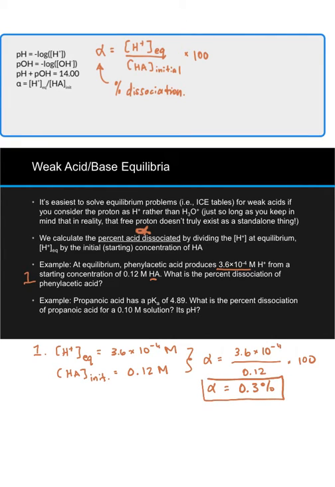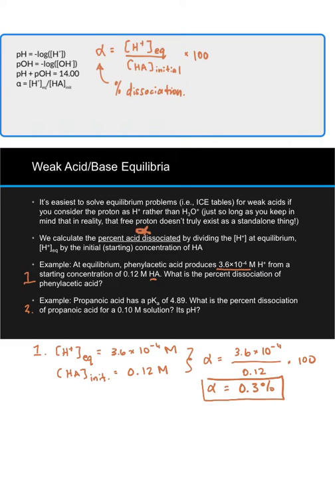Effectively, what this result tells us is that this acid, phenylacetic acid, is quite weak. Only 0.3% of molecular phenylacetic acid dissociates by the time equilibrium is established. That's not a whole lot. Compare this to something like hydrochloric acid, where virtually 100% of our molecular formula dissociates.